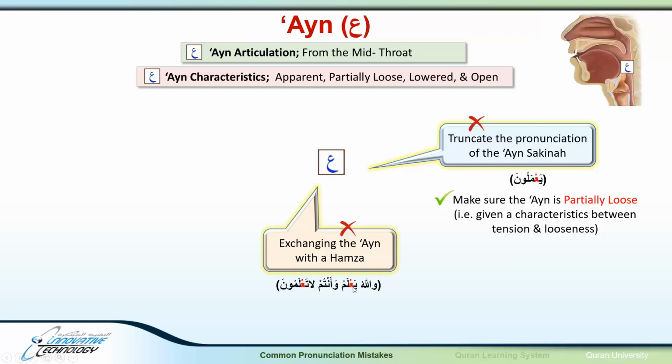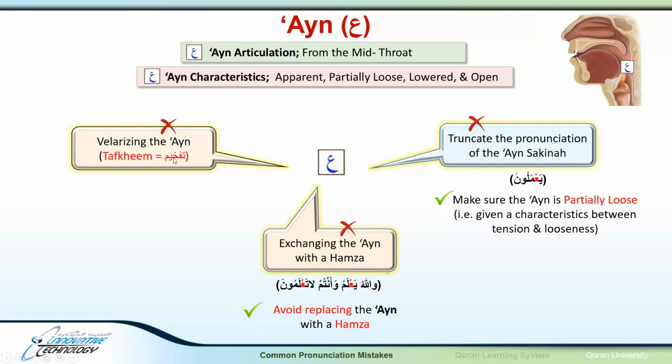If we say Hamza, it will be pronounced as a totally different word with a totally different meaning. And this is a tahrif of the Quran al-Karim. So the right way of pronouncing it is والله يعلم وأنتم لا تعلمون. So we should avoid replacing the Ain with a Hamza.